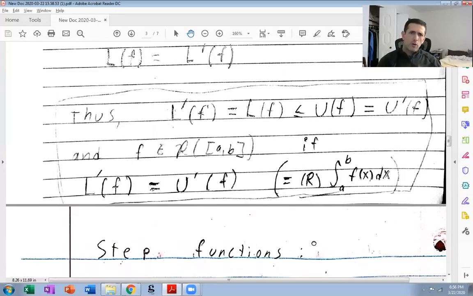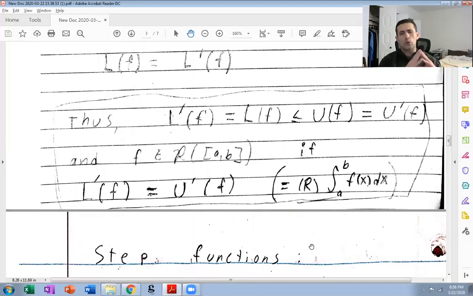Okay, so what I want to talk about is I basically want to reformulate Riemann integrability, or I want to take a more adult approach to the Riemann integral, and that's through step functions. Right?